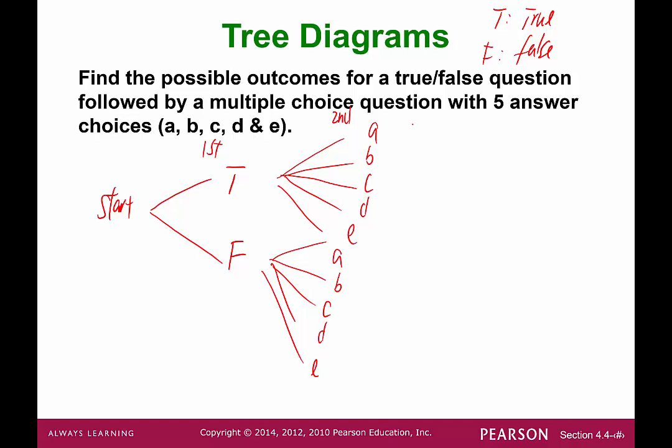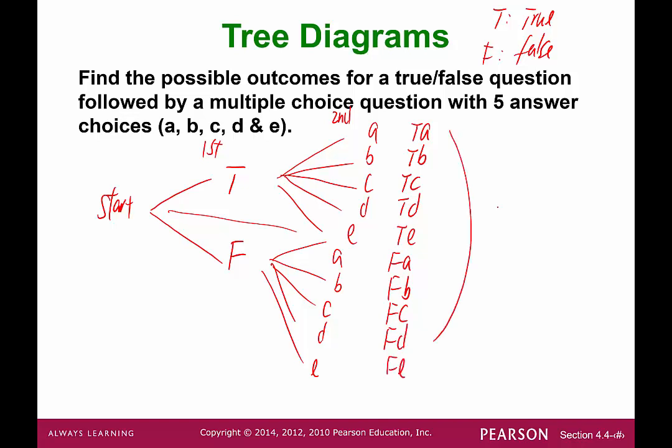We get 10 possible outcomes: TA, TB, TC, TD, TE. Second half of the branch: FA, FB, FC, FD, and FE. As you can see, we have 10 possible outcomes here.